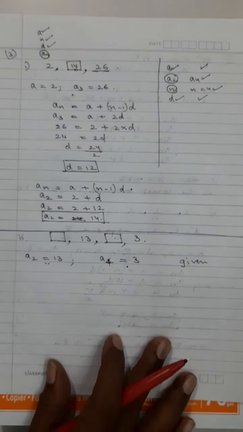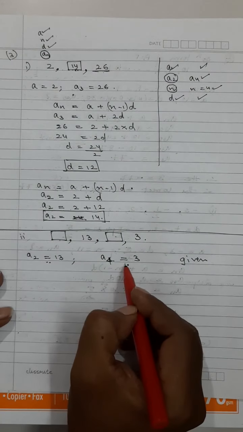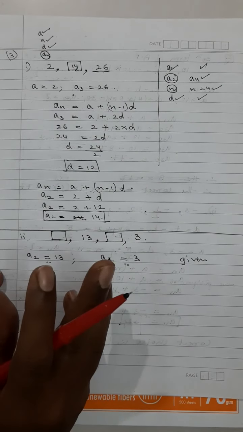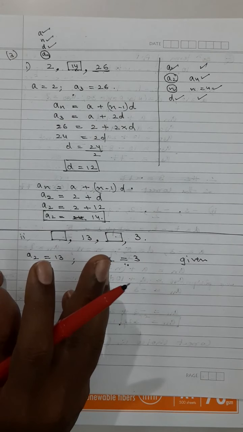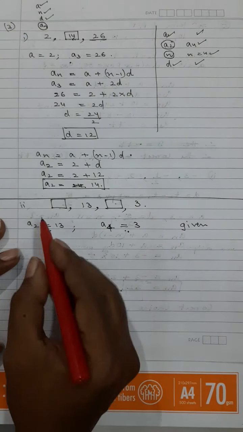So using this information, the first simultaneous equation will be formed, and using the other information, the second one. When we solve these two simultaneous equations, we will get the values of A and D. So we proceed.